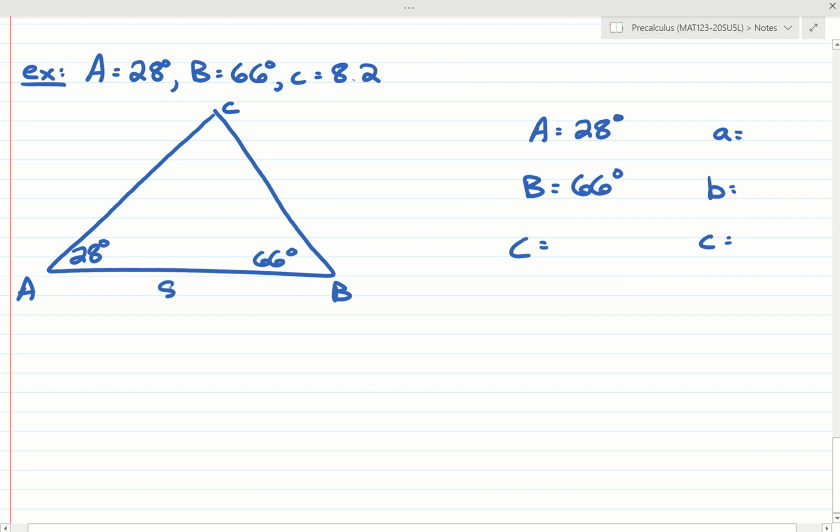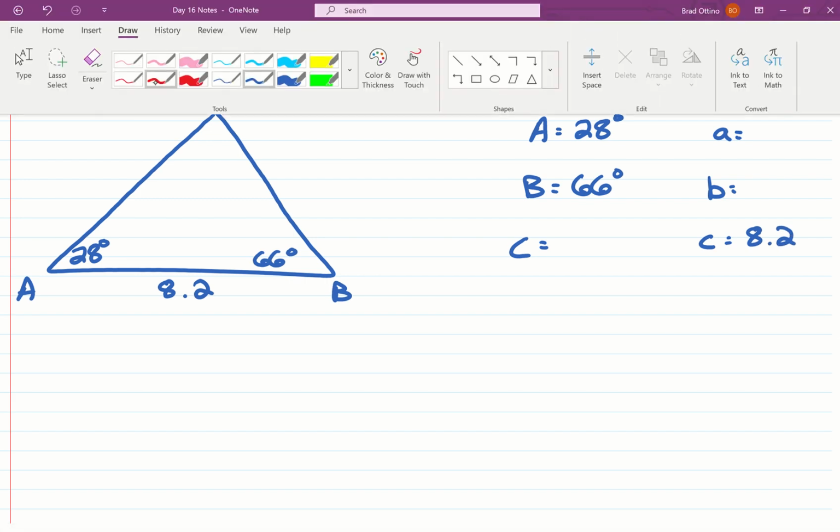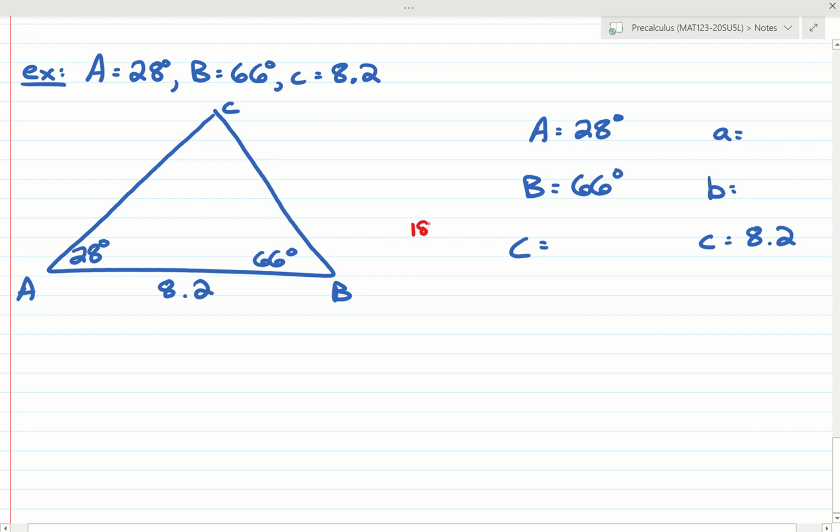Now, all triangles, all the angles add up to be 180. So to get angle C, we could do 180 degrees minus the 28 and the 66, and we would get that angle C is 86 degrees.